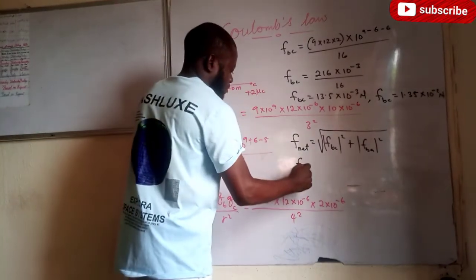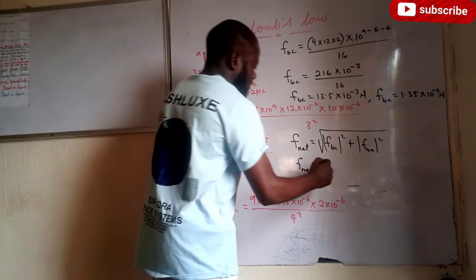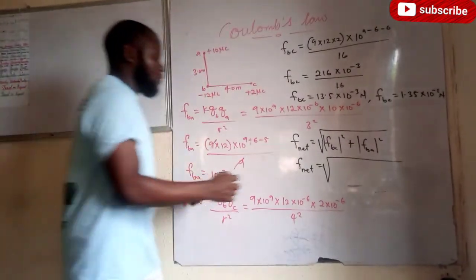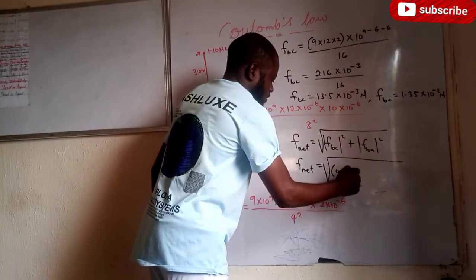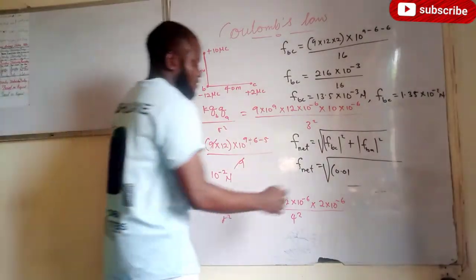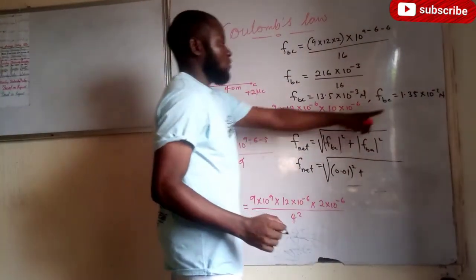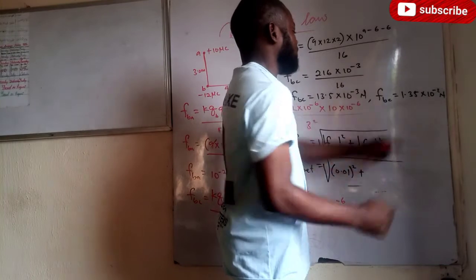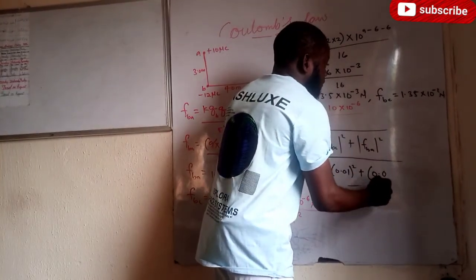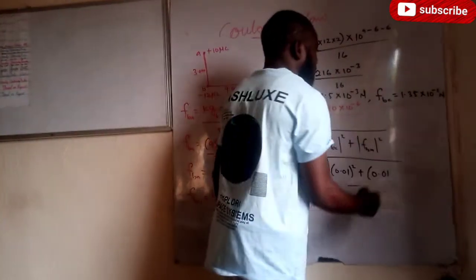So the net force is therefore equal to the square root of, this will give us 0.01, if I'm not mistaken, yeah, 0.01 all square, plus this one will give us 0.01 also, if I'm not mistaken.